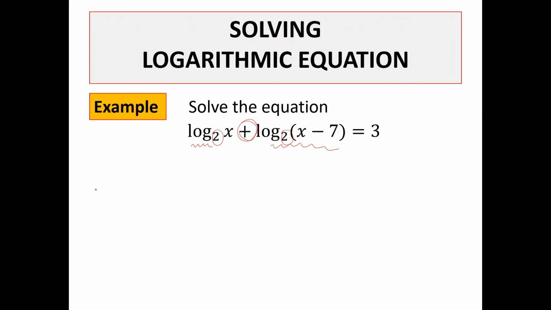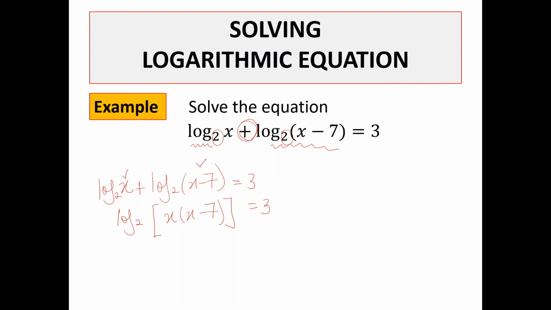Okay, so apply law number 1. So we will have log base 2 in the bracket, x multiplied with x minus 7, everything equal to 3.